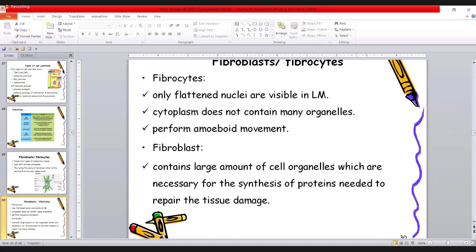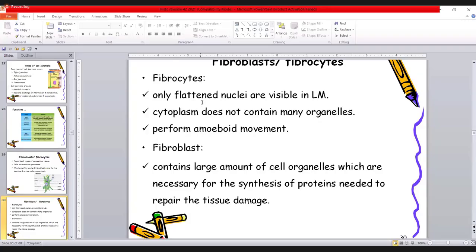So fibroblasts are responsible for repairing tissue damage and synthesis of collagen fibers, all those active cellular mechanisms. You can't see fibrocytes or fibroblasts under light microscope. You will only see their flattened nuclei in hematoxylin and eosin stained sections.